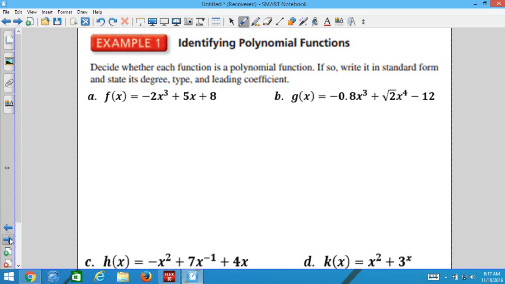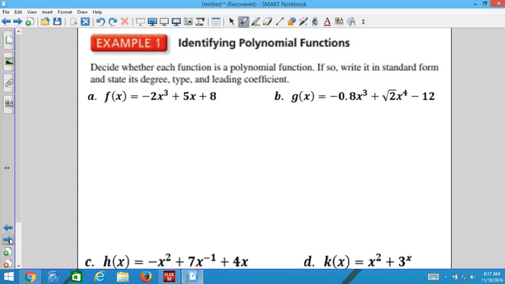For question A, is that a polynomial? Look at each monomial, and we have to decide if it follows the rules where the variables are only in numerators, and they're only to powers that are 0 and above.